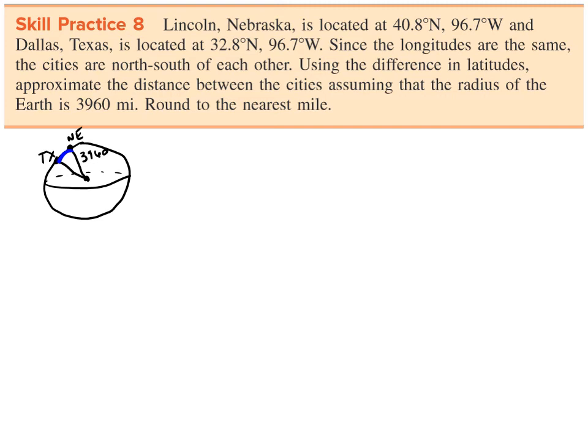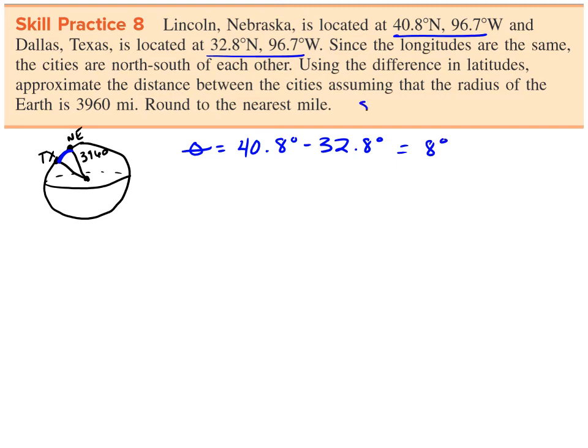So the first thing I want to do, these are just fancy angle measures. So this and this, they're just fancy angle measures. And we know that they are the same distance west. So what we need to do is take the north-south measurements and subtract those. So theta is going to be equal to 40.8 degrees minus 32.8 degrees. This gives us 8 degrees.